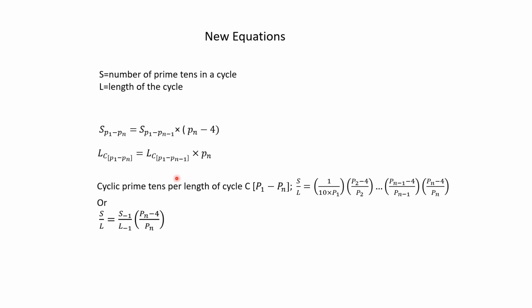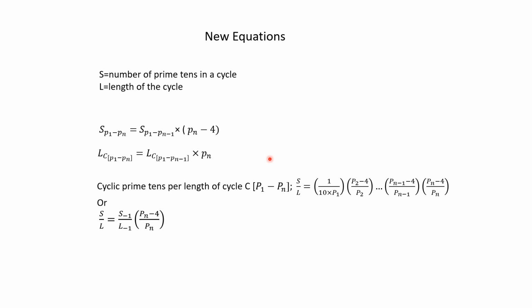So the number of empty boxes in the cycle of P1 to Pn is gonna be equal to the number of empty boxes in the prior cycle, the cycle from P1 to Pn minus 1, multiplied by Pn minus 4. Why?